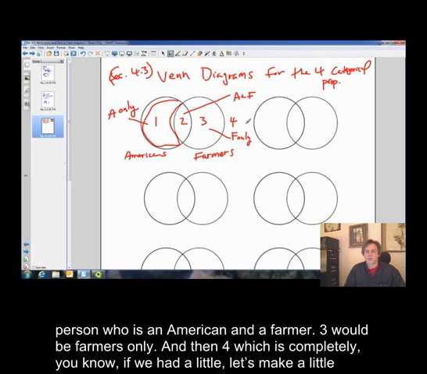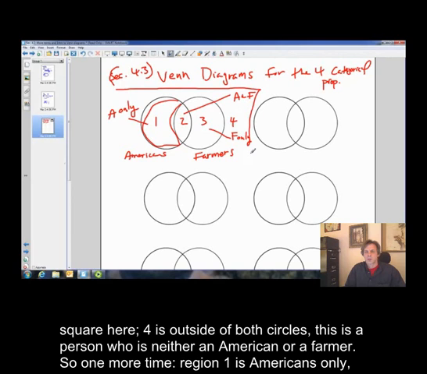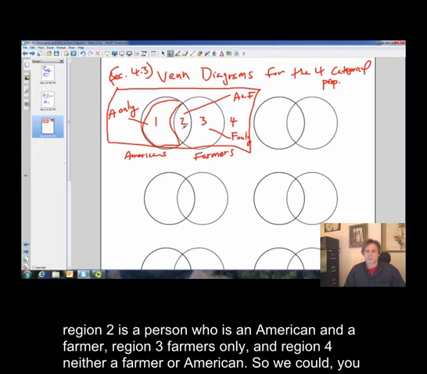And then 4, if we had a little square here, is outside of both circles. This is a person who's neither an American nor a farmer, okay? So one more time. Region 1 is Americans only. Region 2 is a person who's an American and a farmer. Region 3, farmers only, and Region 4, neither a farmer nor an American.